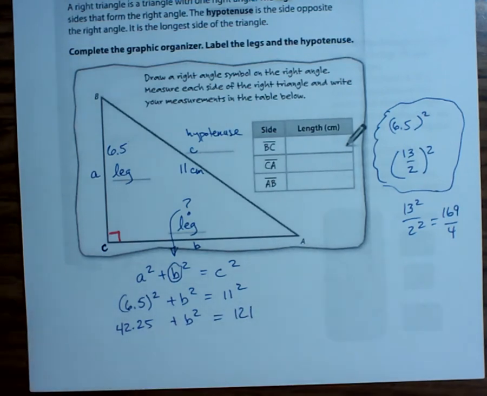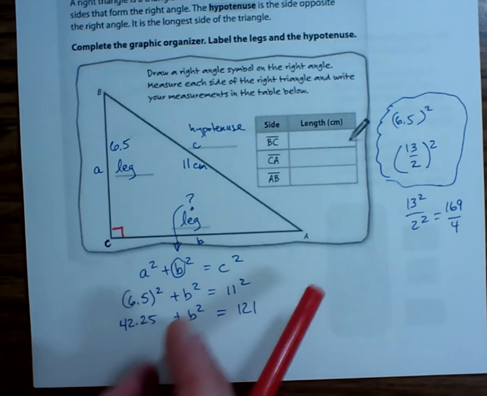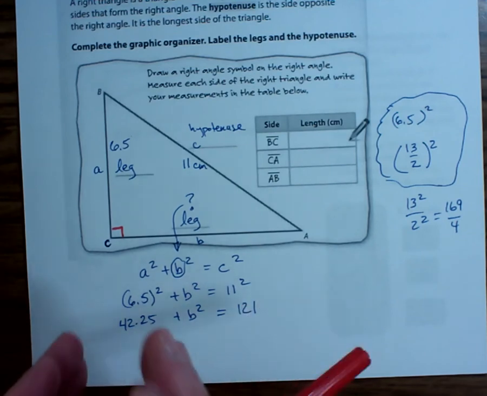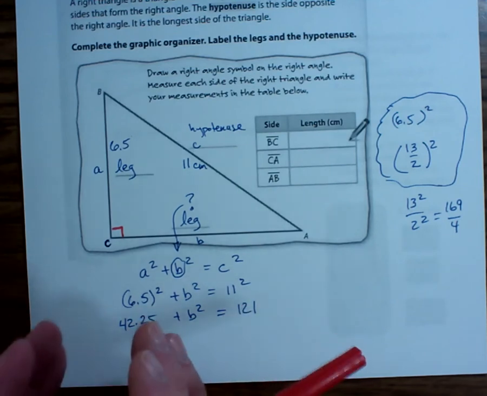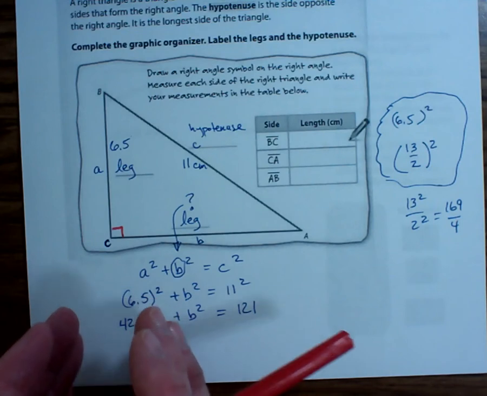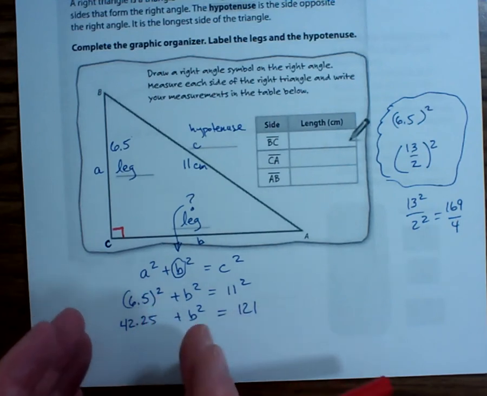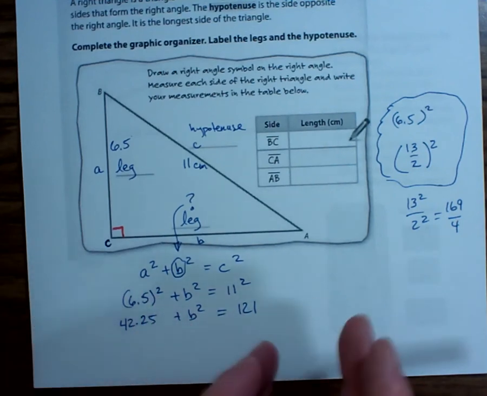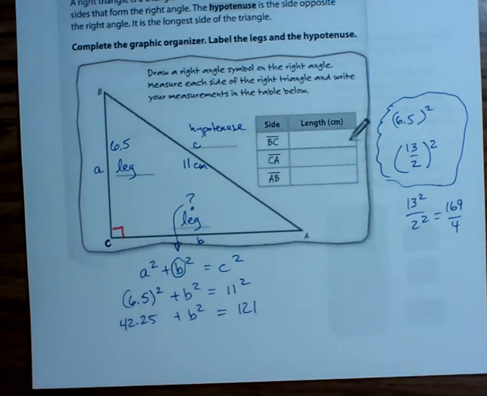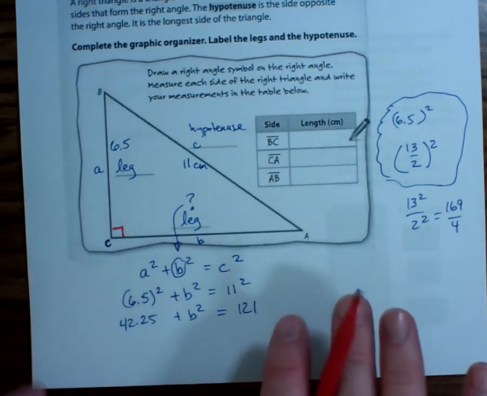Now it's an extra step compared to the other thing that we did. I need to isolate B squared, but the 42.25 is on the left side. If I want to get rid of it on the left, I have to subtract it away. It's additive inverses. I have to subtract it on the right side too, because whatever I do to the left, I have to do to the right.